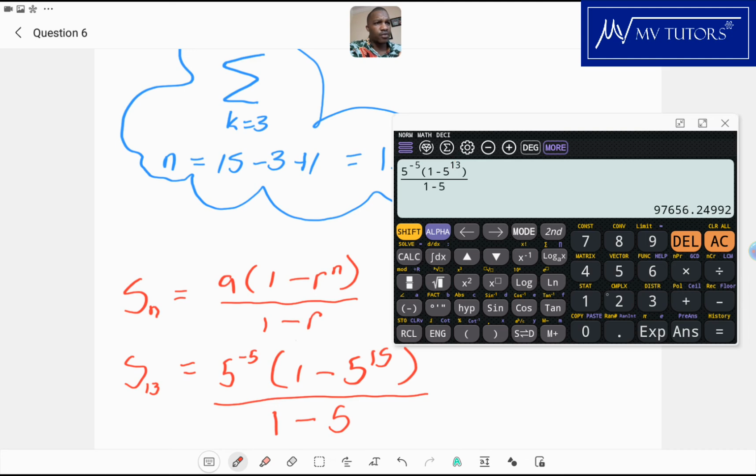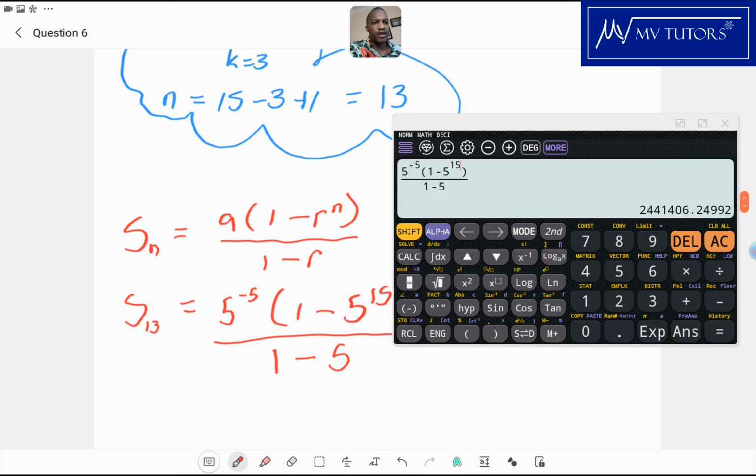I'm just gonna put in the right number. Okay, so there, delete all of this. So there we have minus 5 to the power 15. There we go. So that's our final answer.